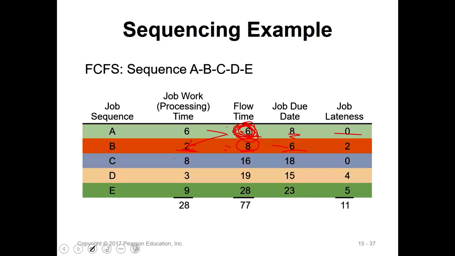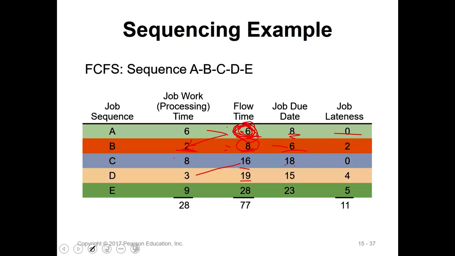And for C, job working time, and then flow time equals 8 plus 8. Now it is 16. And the job lateness: compare 16 and 18. Now it is not late, so lateness is 0. For D, the waiting time is 3 days, so it is 19.